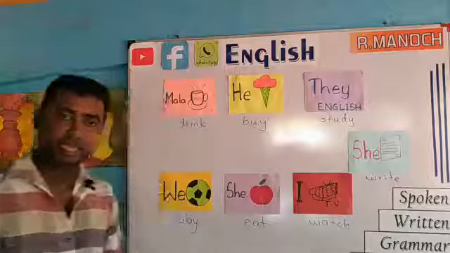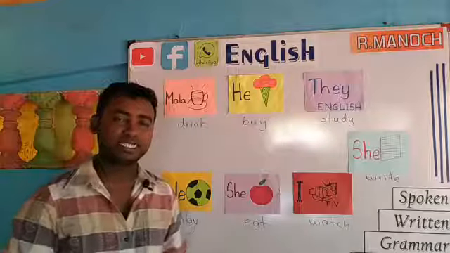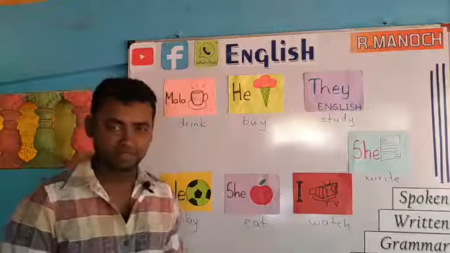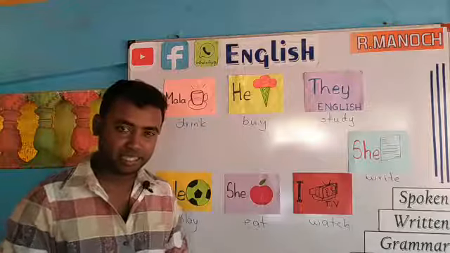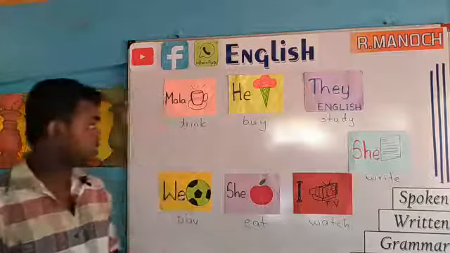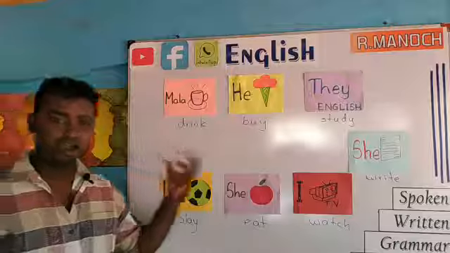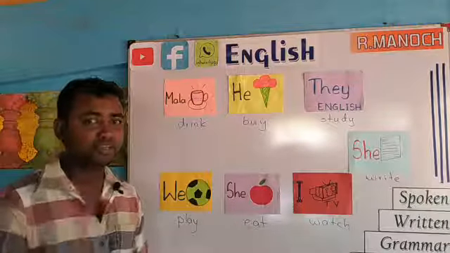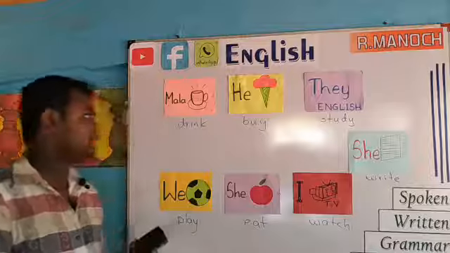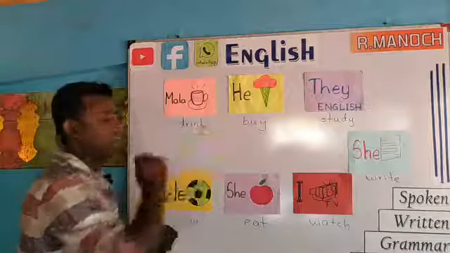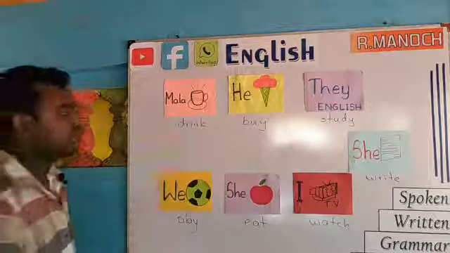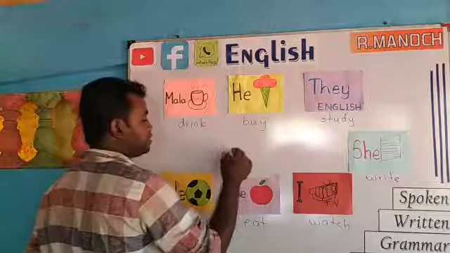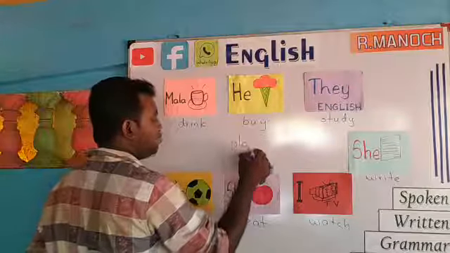Okay. I'm going to make some sentences in simple present tense. Right? So let me create sentences in simple present tense. So what can I say? Mala drink coffee. Is it right? Mala drink coffee? No. I have to say Mala drinks coffee because the form of simple present is play or plays.